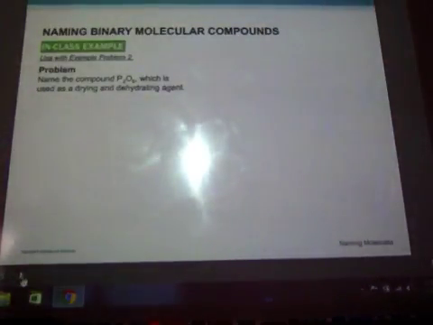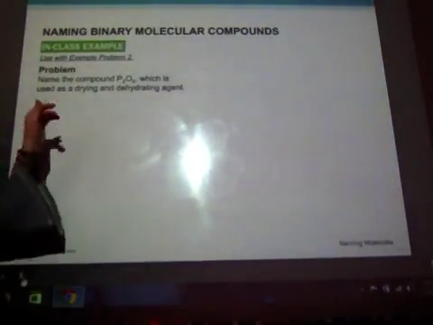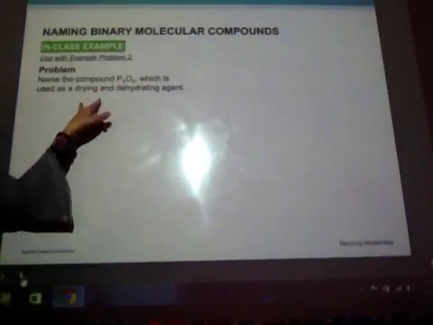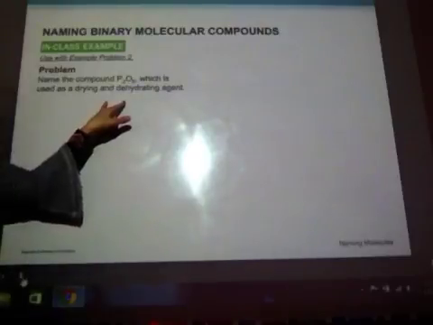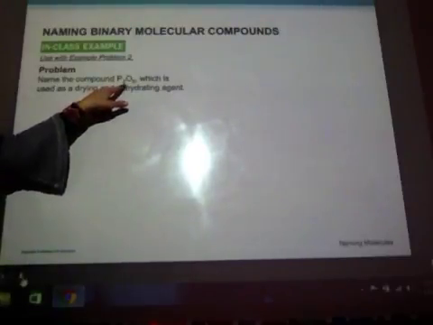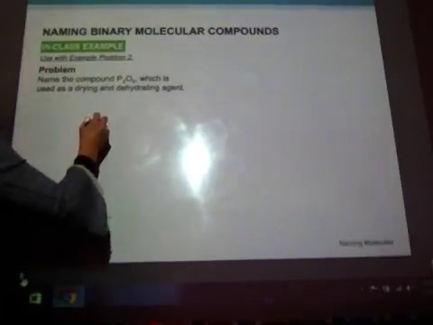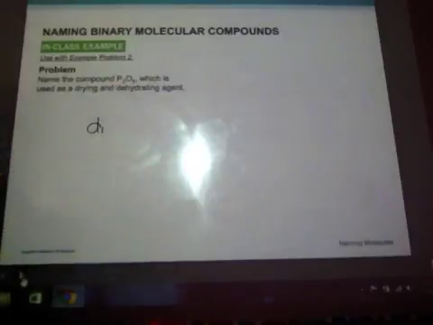So one more example. P2O5 is a drying agent. It's used to dehydrate stuff. The first thing I'm going to look at is I have 2. What's the prefix for 2? Di. What is P?